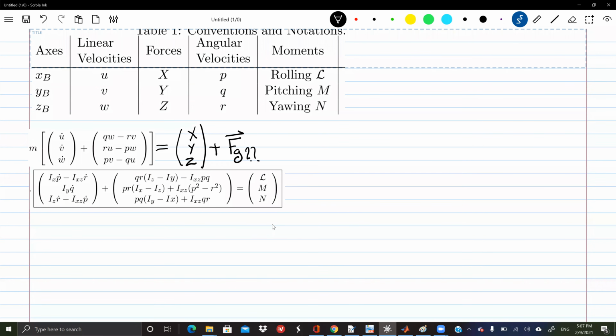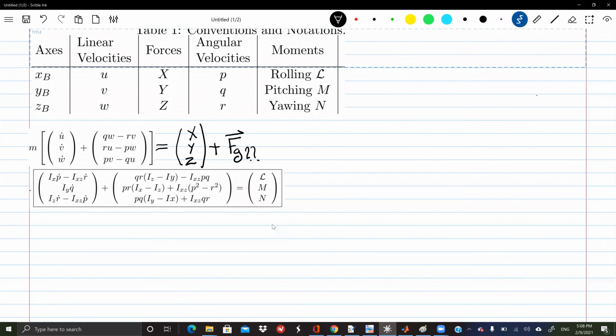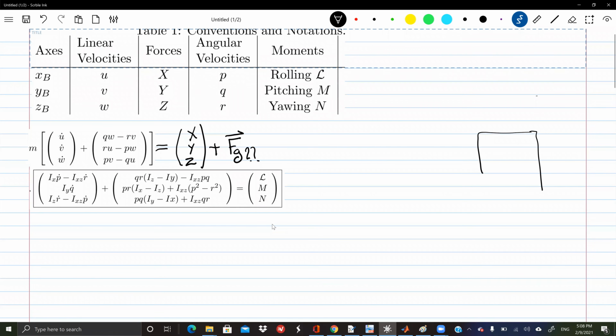So if I want to draw a block diagram here, this is rigid body dynamics, which is applicable to airplanes, spacecraft, submarines, cars, whatever you like. In a typical dynamics problem, we're given the forces, Fx, Fy, Fz, so the total forces, like the XYZ plus the gravity.